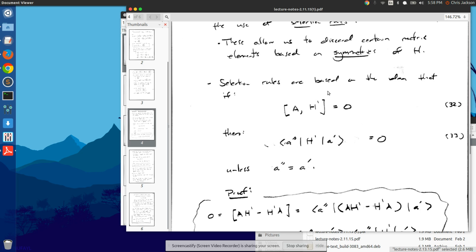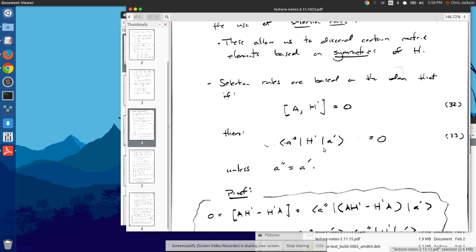These selection rules were based on the idea that if the observable we're using to span the space, call it A, commutes with our perturbation Hamiltonian, then it tells us something about the matrix elements we're interested in computing.